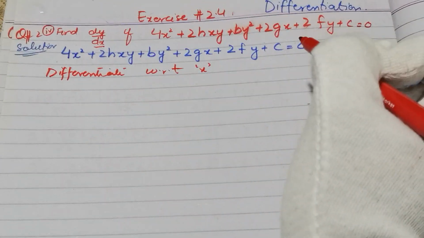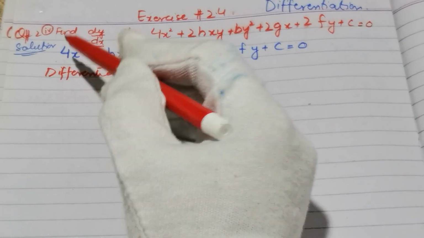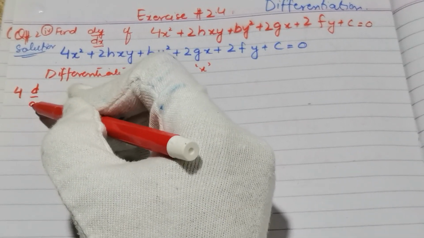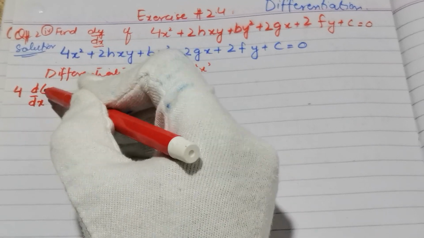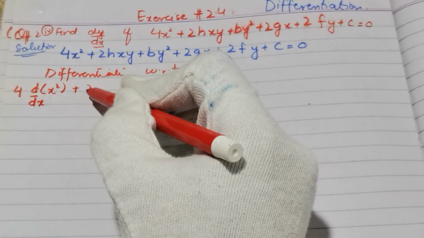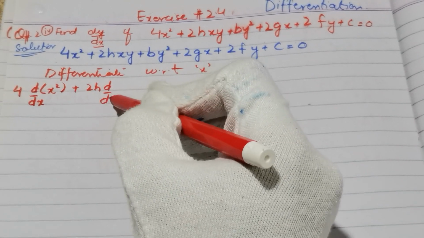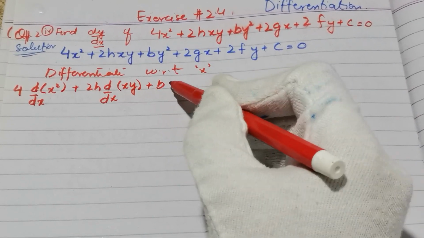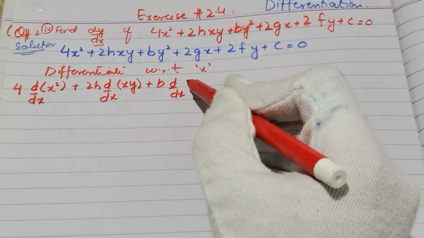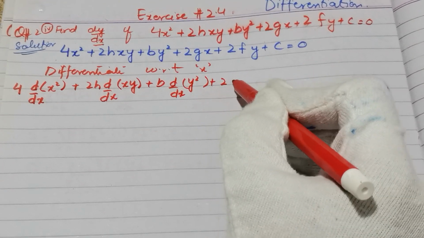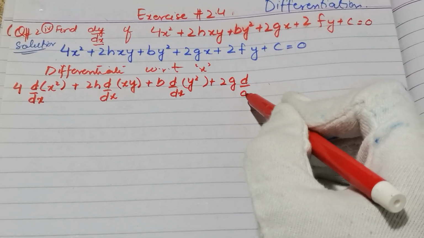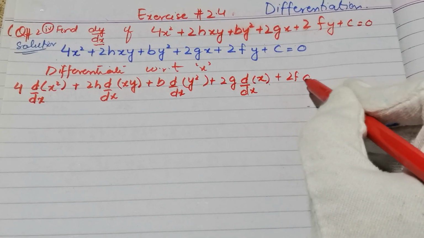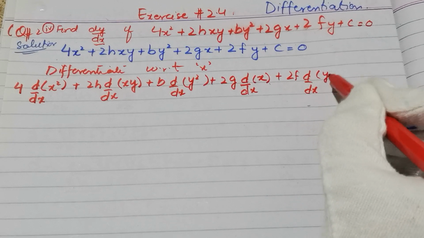So we'll apply the derivative. 4 is constant, so we place it outside and we will apply the derivative on the variable. The variable is x square, plus 2h is constant and the derivative is applied on xy, plus b is constant, derivative is applied on the variable, plus 2g is constant, derivative is applied on variable x, plus 2f is constant, derivative is applied on variable y.